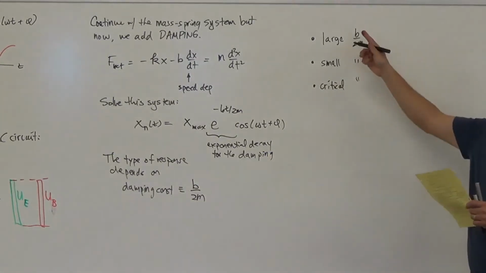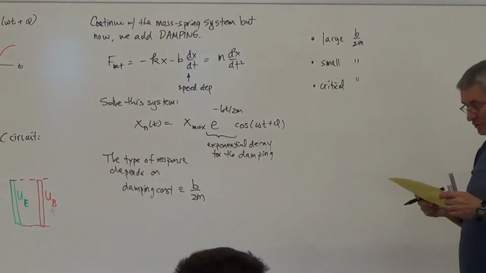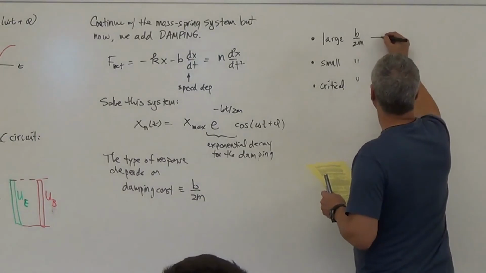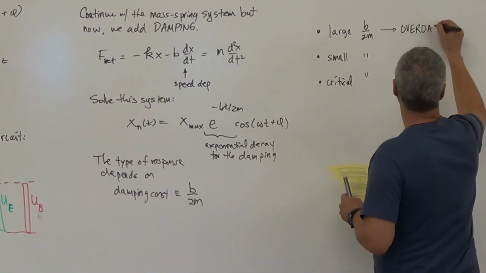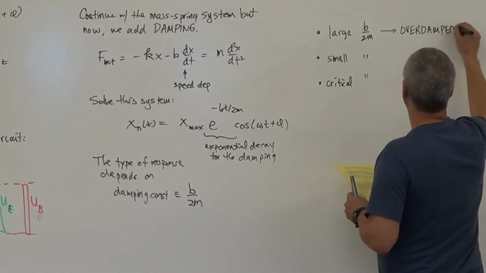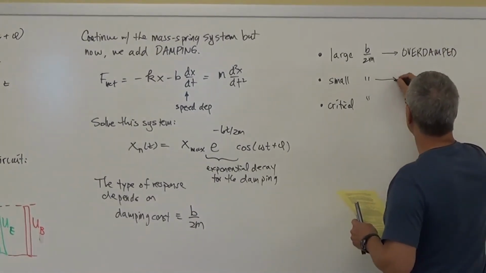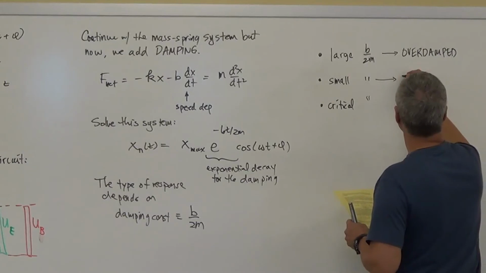So if it's large, this large damping term, they call it overdamped. And if it's a small damping, they call it underdamped.